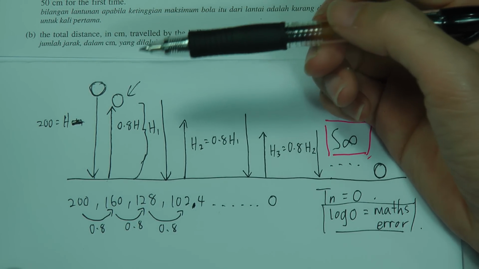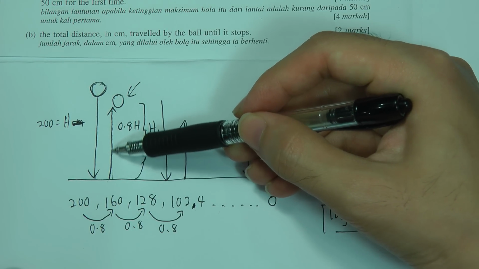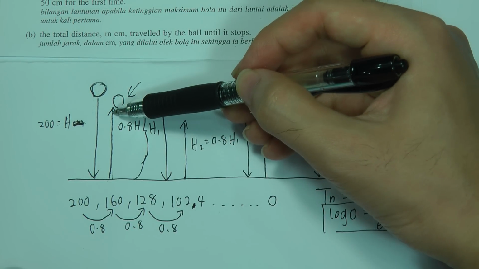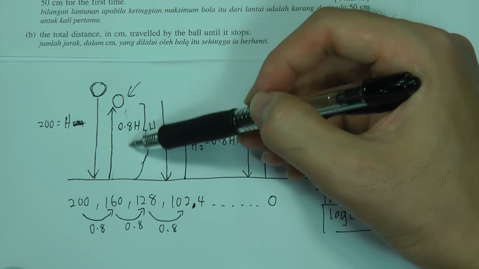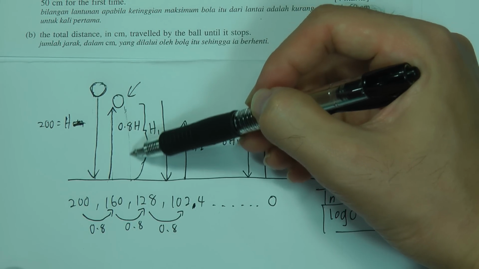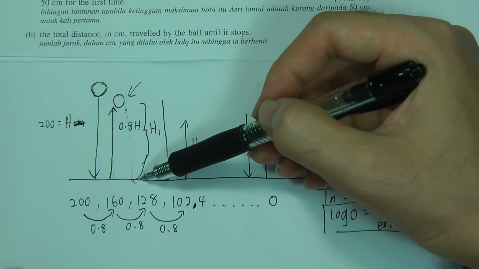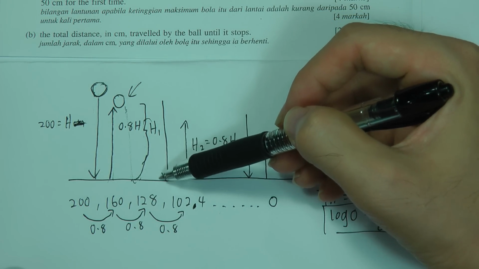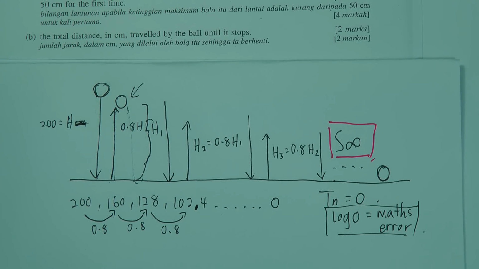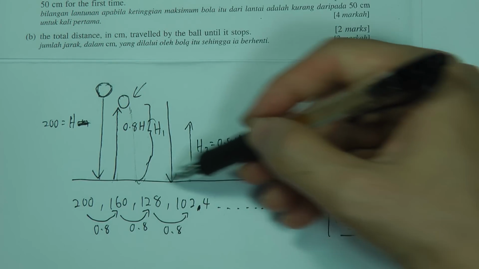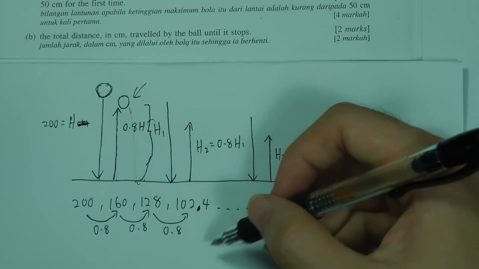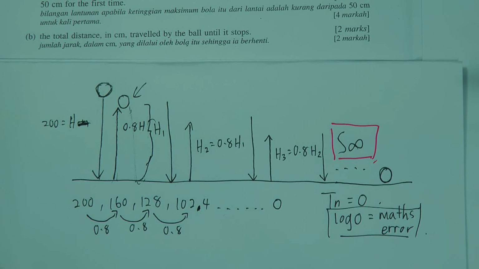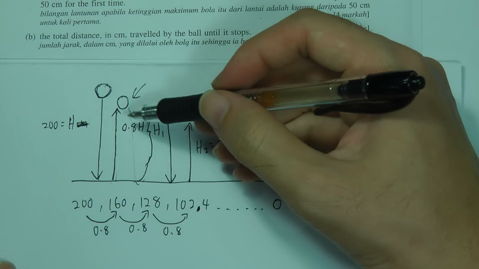Okay, so in order to calculate this question, let me brief you about the total distance traveled. Do you see the distance traveled: 200, and 160 plus 160, because the ball will bounce up and then drop down, then plus 128, and then he will drop down 128 also. So you cannot straight away solve this question from the geometric progression by using sum of infinity, because this one repeats.